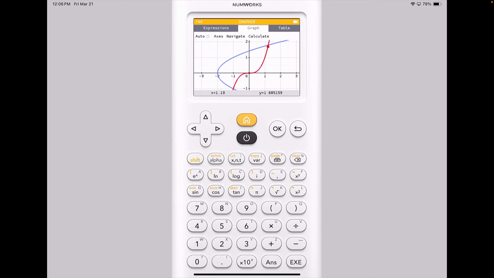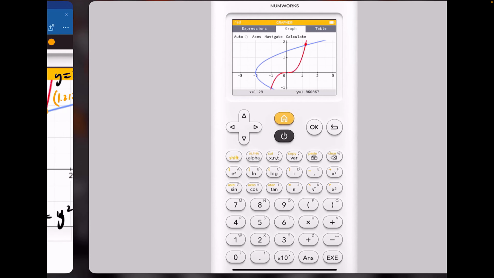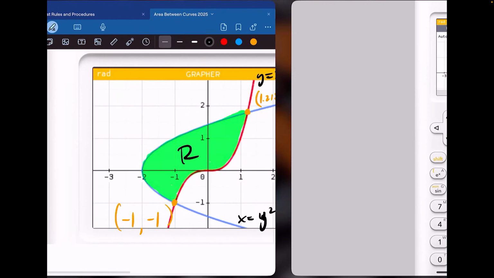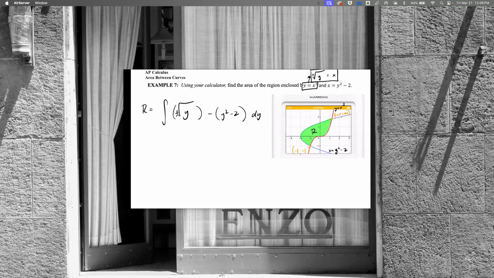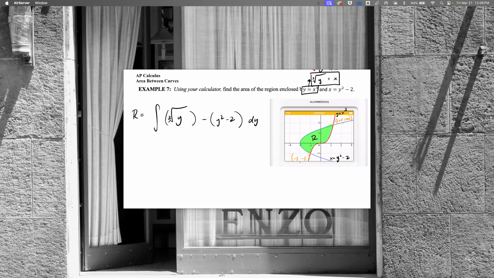I don't know why it's doing that. 1.2148 for X, but I don't care about X, I want Y, because these are the Y values. The closest one I have is 1.791. That's pretty close. I had 1.793, so that's more than okay. You just have to zoom in super close, because it doesn't find the intersection. I don't know why it doesn't do intersection for those. It's weird.